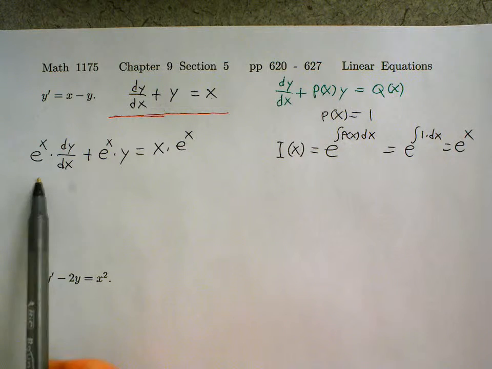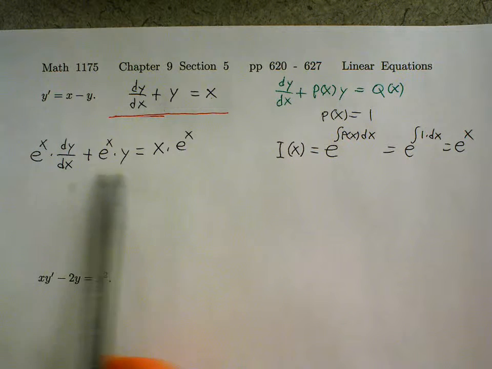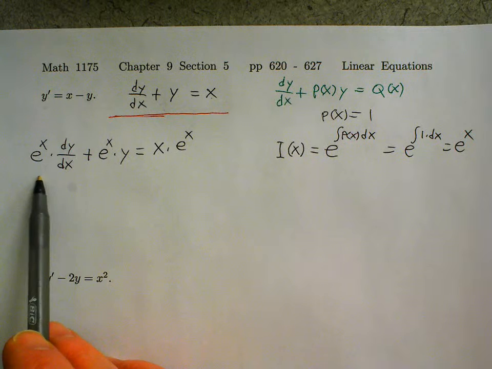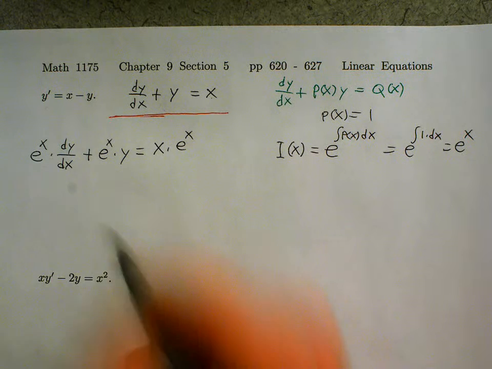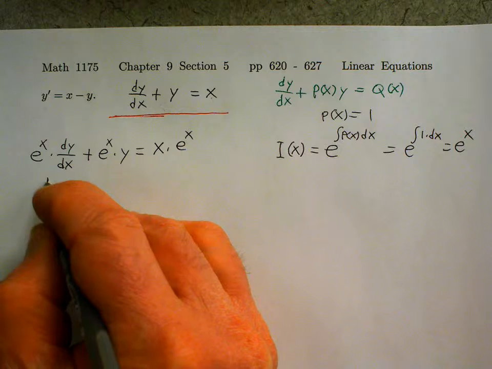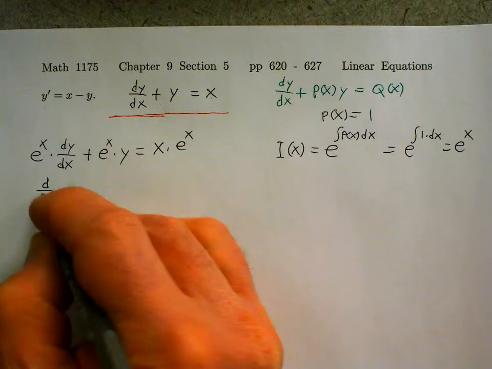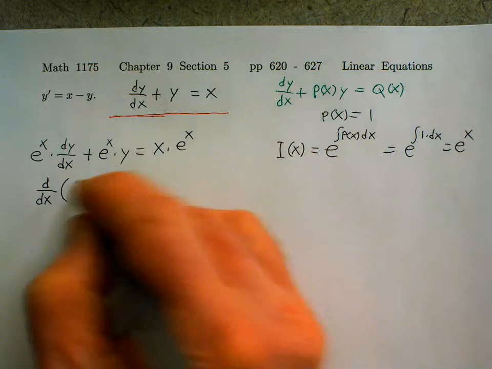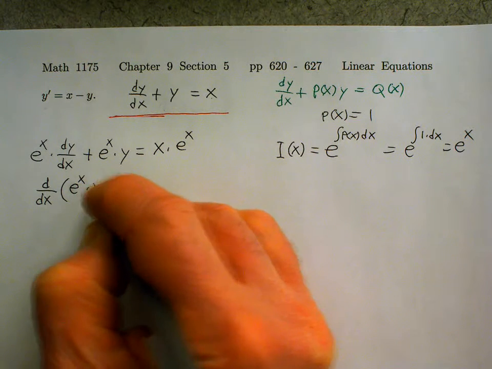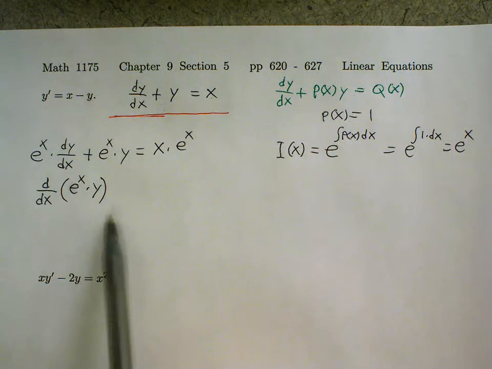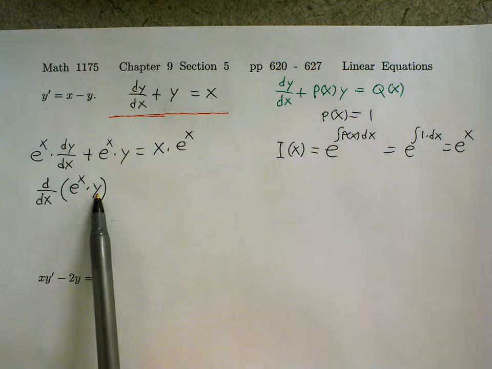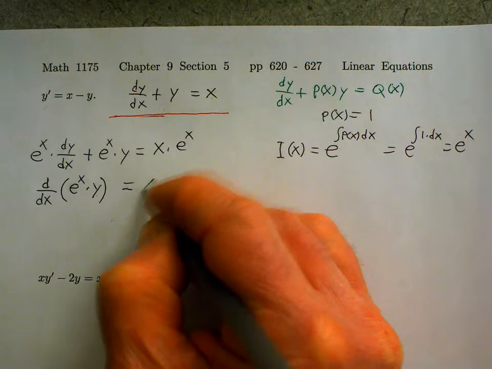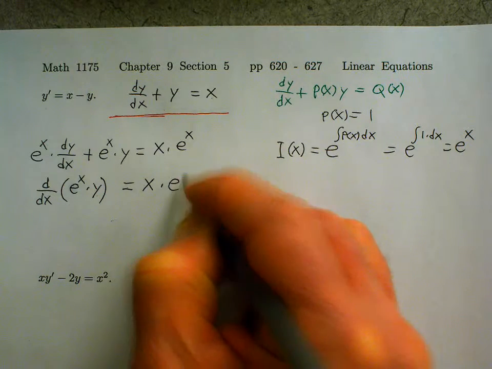On the left-hand side of this equation, this is the derivative of a product of two functions of x. So that means it's the derivative with respect to x of the product e to the x times y, where y is assumed to be a function of x. And then the right-hand side is x times e to the x.